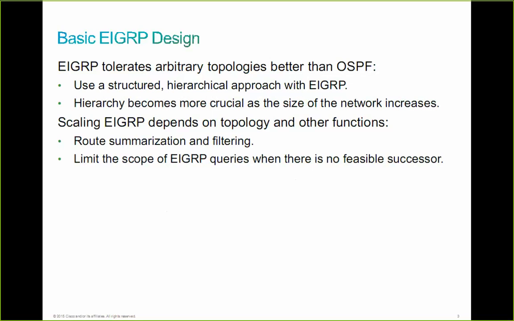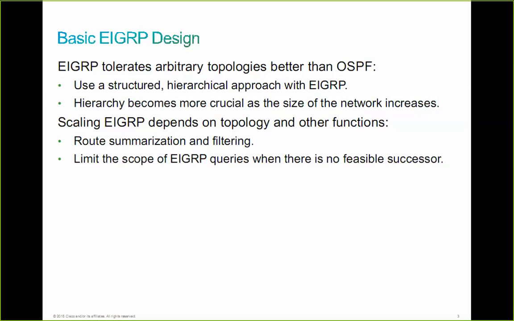EIGRP is also limited in size, right? In OSPF, we can scale up to about 300 OSPF routers in a network. In EIGRP, you can only scale up to about 100 routers or so diameter, not density, but diameter in a network before you start to see some serious performance issues with EIGRP.